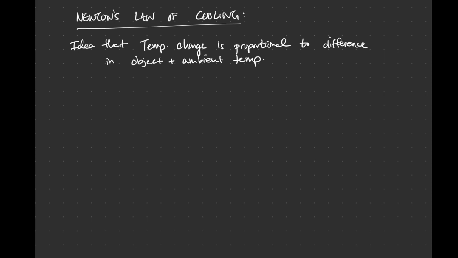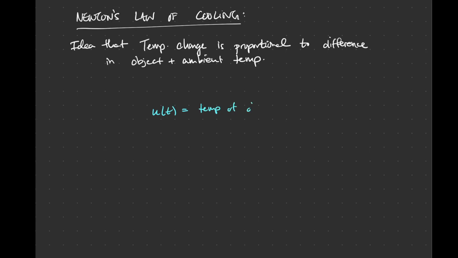So for a given object, how it's going to cool based on the environment, the surrounding temperature, we have to assume that it's going to be proportional to the difference between its own temperature and the ambient temperature. Okay, so we can start giving some things some names. Usually, what we're after is something that would tell us the object's temperature at time t.